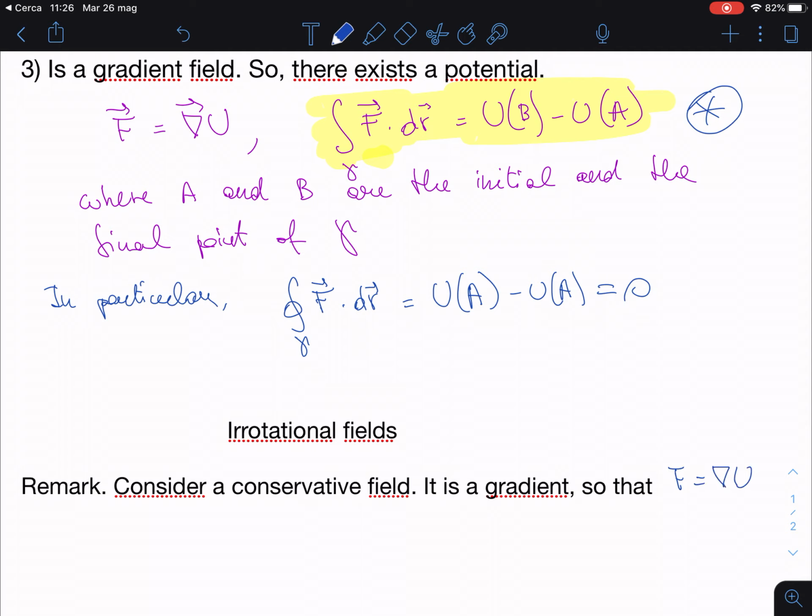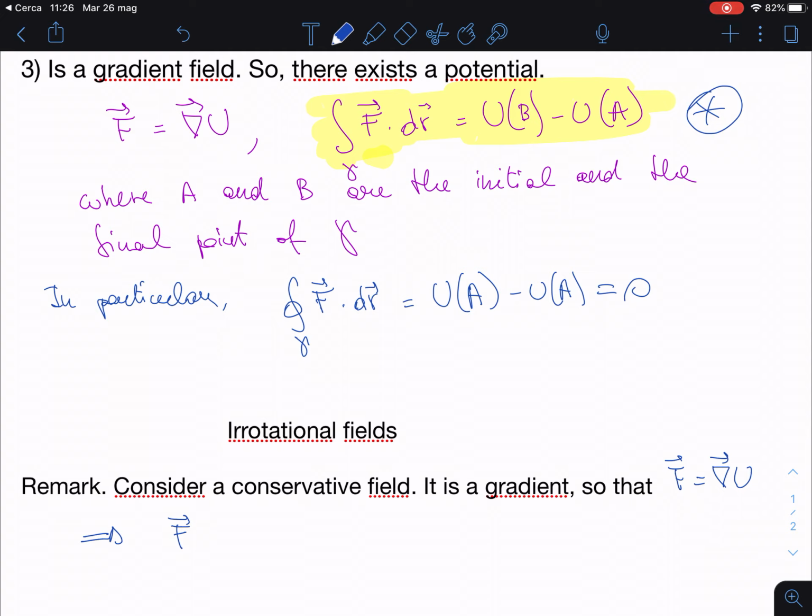And in particular, this means that if I write down f, I don't want to forget the arrows, they are not essential, but they clarify that we are talking about vectors.